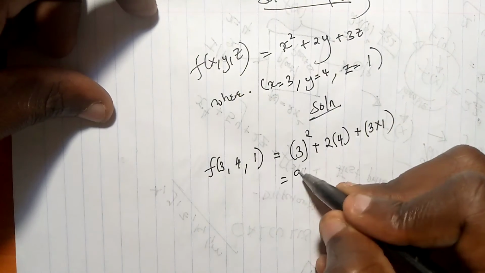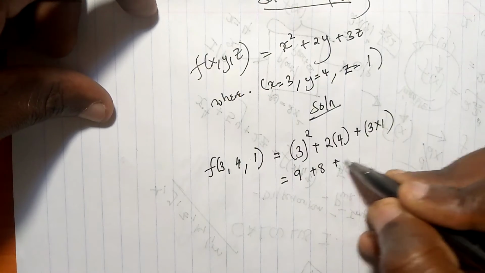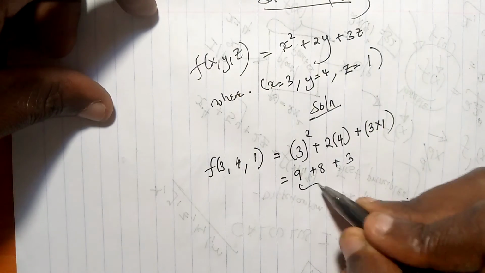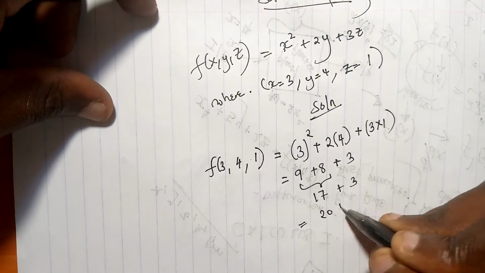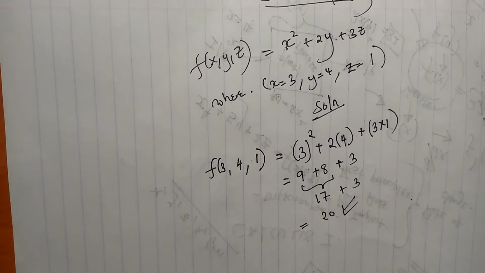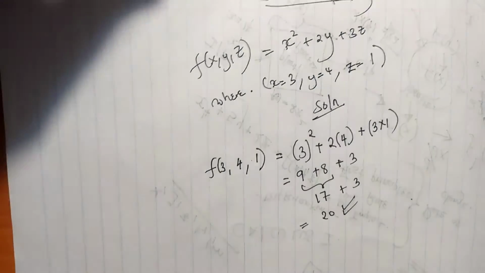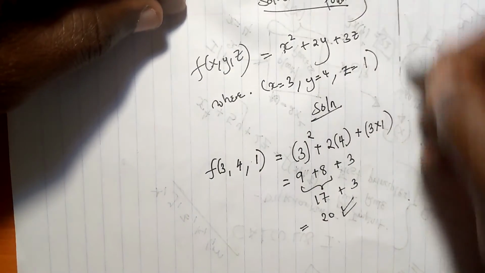Then here you are going to give us 9 plus 8 plus 3, isn't it? So it's going to give us how many? 17 plus 3, which is equals to 20. So this is the answer. So if you got your answer as 20, then you are actually good.